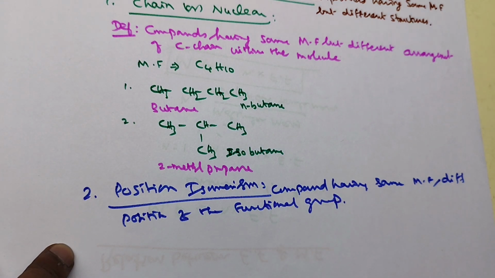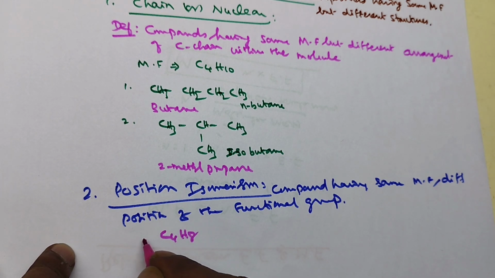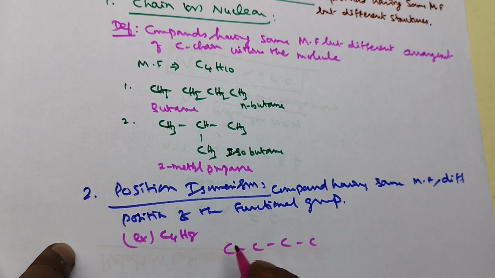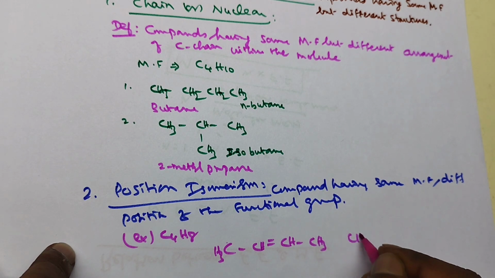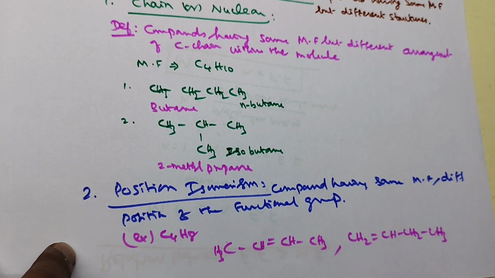For example, take the compound C4H8. Put 1, 2, 3, 4 and fill up the hydrogen atoms: CH3, CH, double bond CH, CH3. Another one: CH2, double bond CH, CH2, CH3. In both these compounds, the position of the double bond is different.